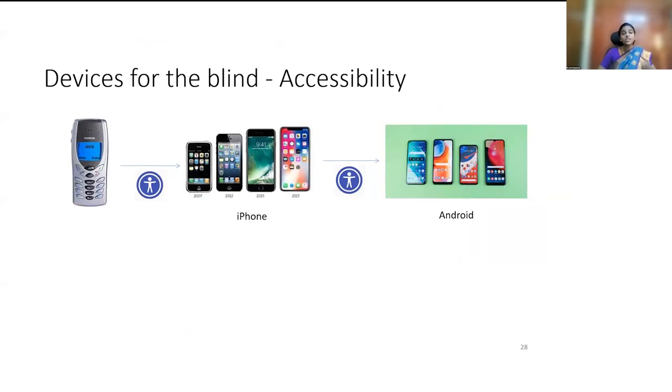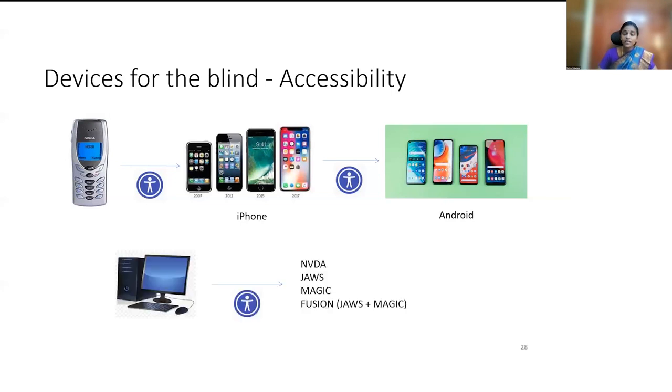They have to be trained in the mobile technology incorporated into the smartphone so that they can effectively learn the art of it. And in computers, there are screen readers like Non-Visual Desktop Access and JAWS, and also magnifier software like Magic, which help the visually impaired and make the digital world accessible.